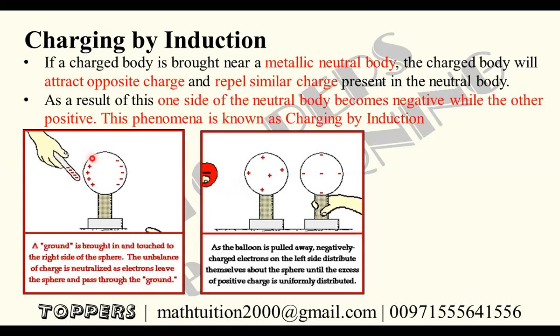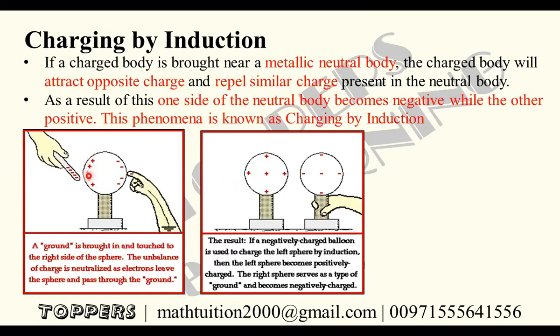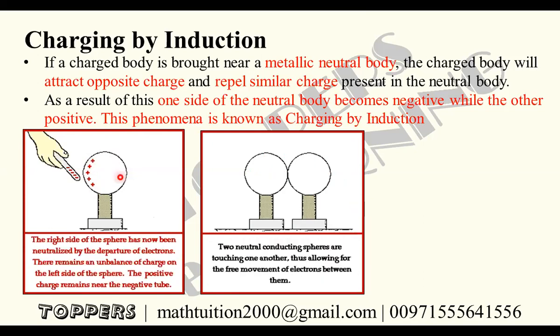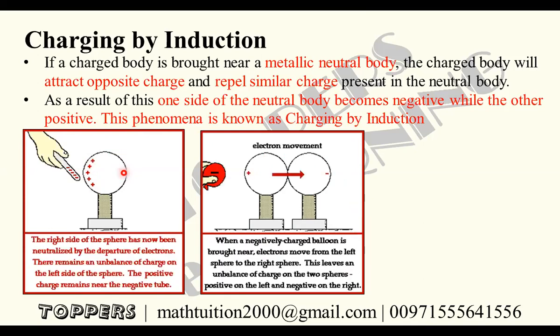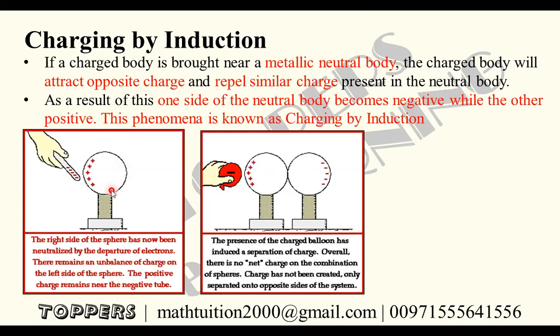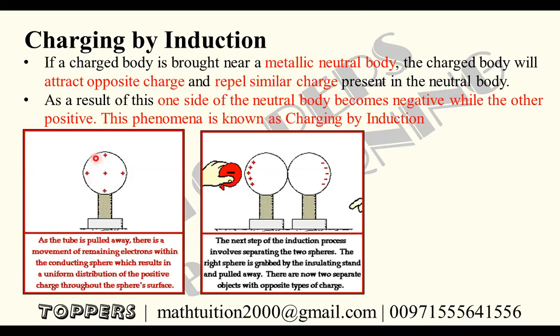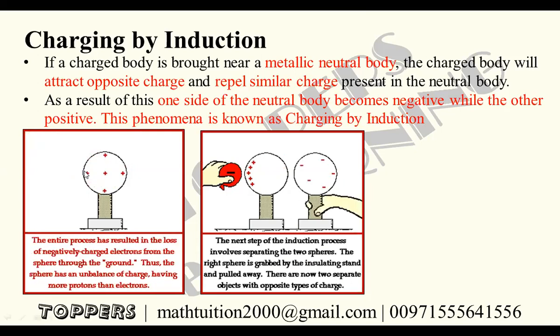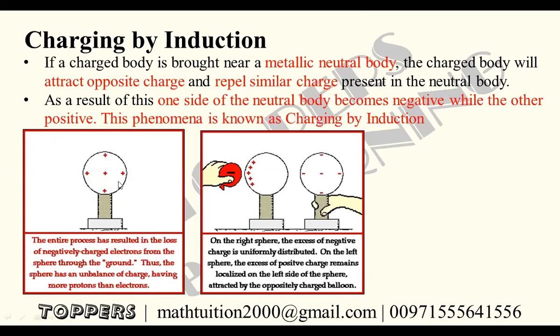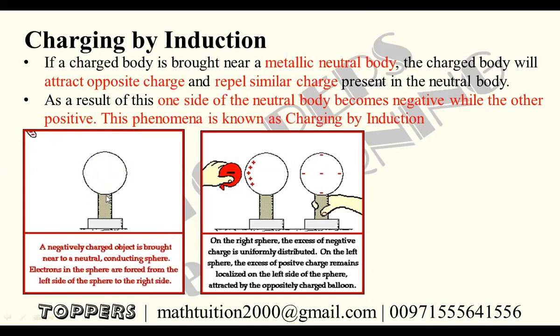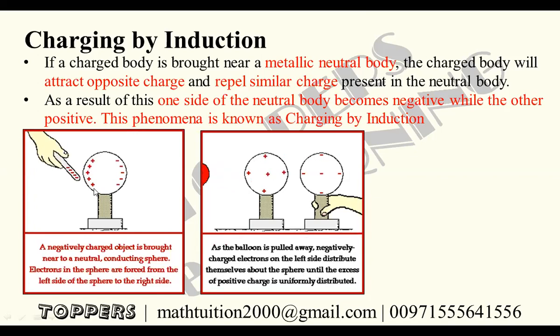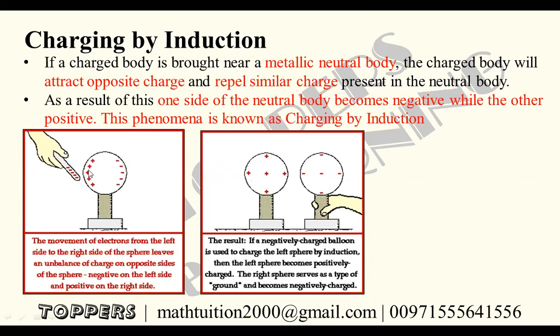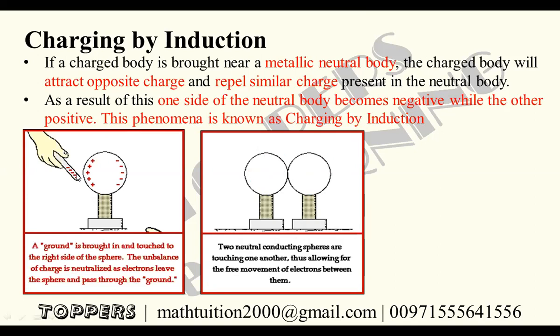The electrons near this part will be repelled as far as possible, so in this area electrons will be accumulated. Automatically this area will become positively charged, right? So both areas are polarized. Here it is positively charged and here it is negatively charged. The reason understood, right? Because the negatively charged body is brought near but not touching.